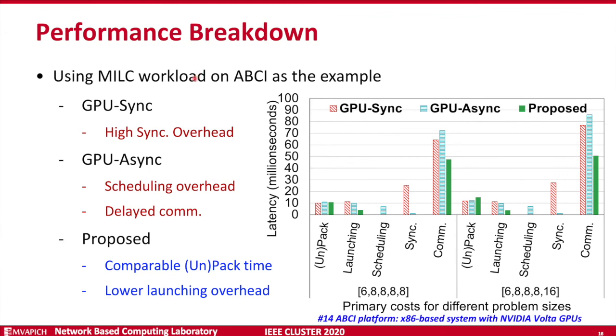First, we look at the breakdown to see what happened here. We use the MILC workload here on ABCI, but I just want to share that you can see a similar trend in all kinds of workloads and different systems. The key takeaway is that using GPU sync, you will see very high sync overhead, as we expected.